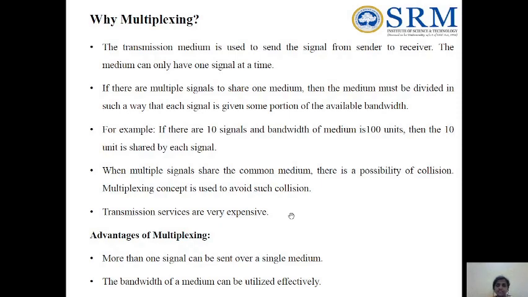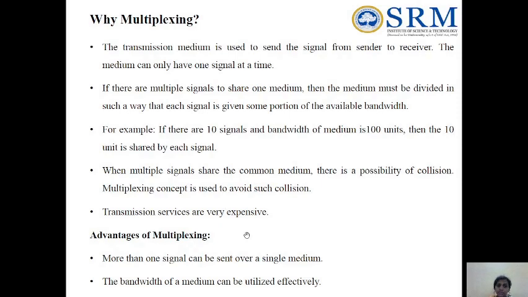In that case, the medium has to be divided in such a way that each signal is given some portion of the available bandwidth. For example, here we have 10 different signals trying to access a medium which has a bandwidth of 100 units. What can be done in this case? You can split the bandwidth and provide 10 units to each signal.